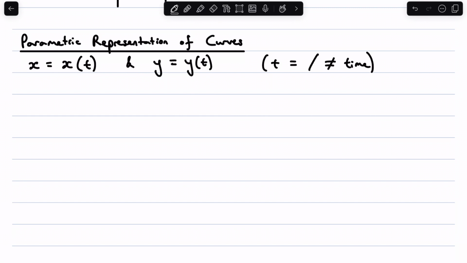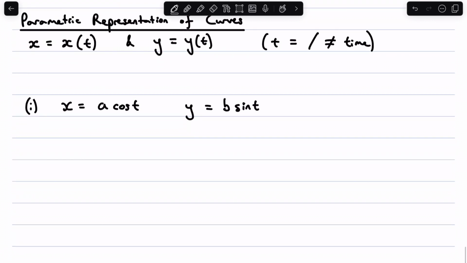So if I give an example of this, let's say for our first example, x equals a cos t and y equals b sine t. And as you can see, this matches our parametric representation. We can eliminate t here by using our trigonometric identities, and we know sine squared plus cos squared always equals 1.